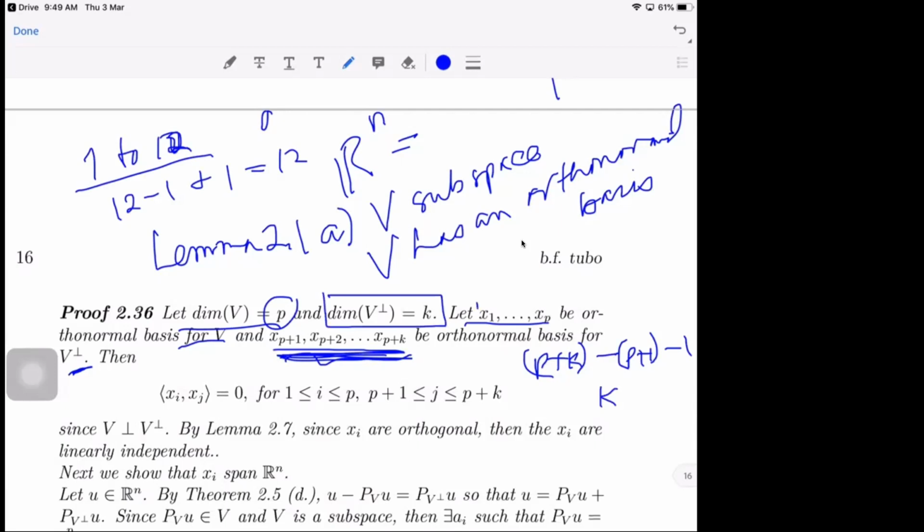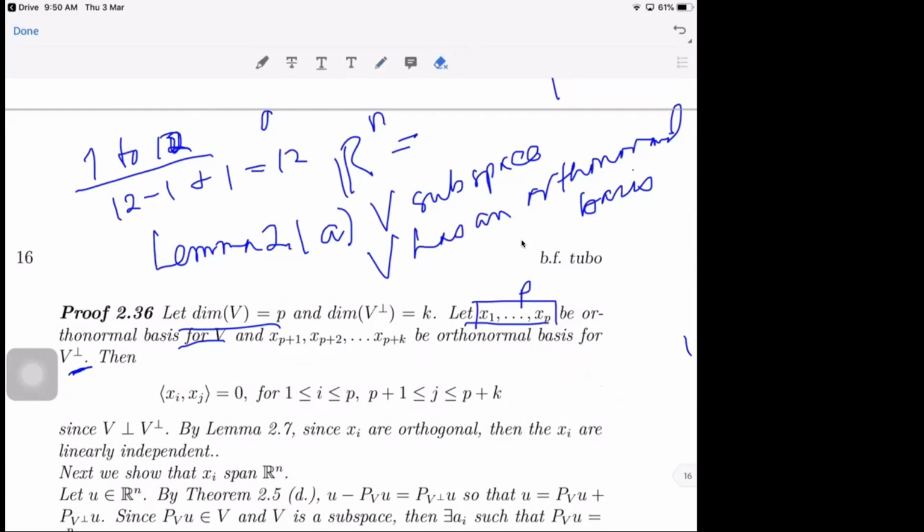So x1 to xp will be the orthonormal basis for V, and there are p of them because the dimension of V is p, and x p plus 1 to x p plus k will be the orthonormal basis for V perp, and there are k of them. Okay?